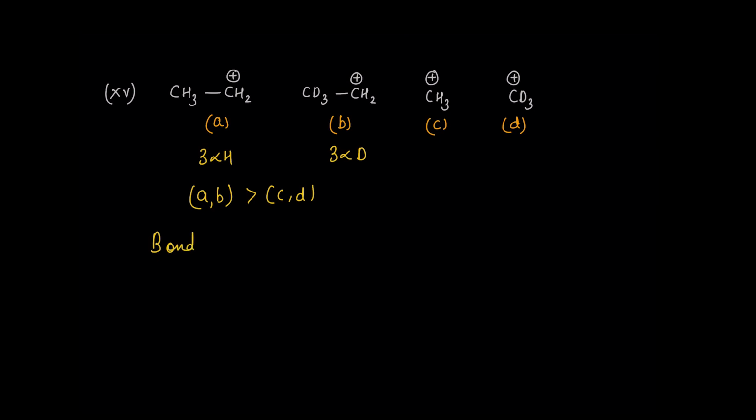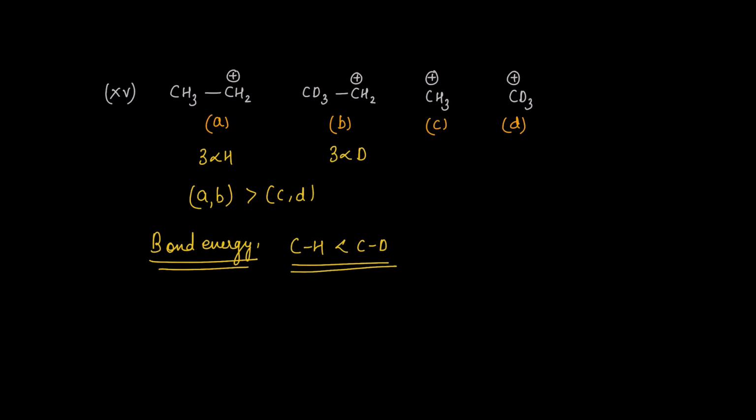Bond energy. We know the bond energy of CH is less than CD. When we studied hyperconjugation, we saw this concept, right? CH bond energy is less than CD, just because of extended overlapping of D with the carbon atom.